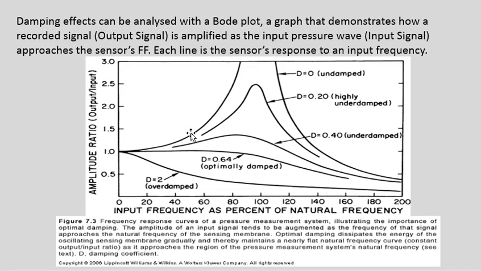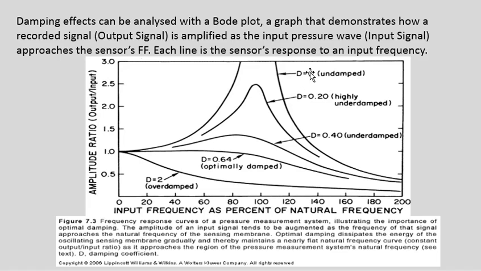So that these curves, the top one represents a totally undamped or virgin signal that we have made no attempt to correct. If your heart rate is coming in at a frequency of 100 beats per minute and your pressure is 120, the sensing membrane, uncorrected, will record a pressure of 200 or more. What we can do is introduce damping, and we can measure this by means of a damping coefficient.